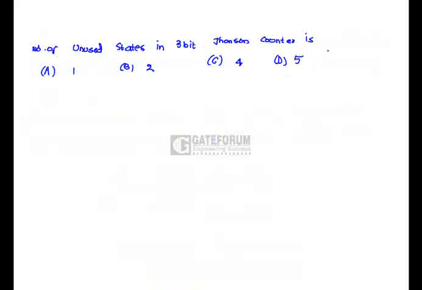Unused states in a 3-bit Johnson counter is... In case of an n-bit Johnson counter, there are 2n states used, but the number of states possible are 2 power n.